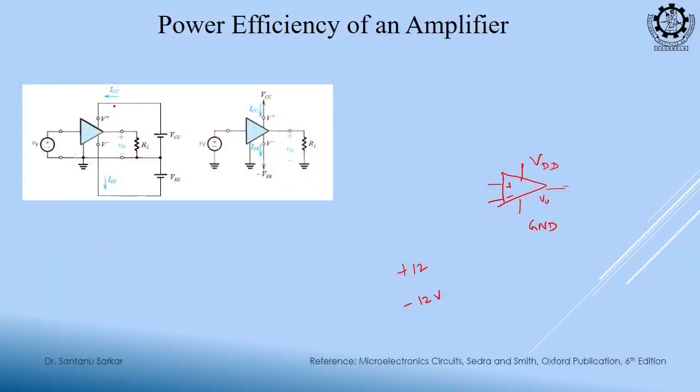Clear? So, if I have a dual supply, both of these will carry some current, right? To make this amplifier operational, some internal current should obviously flow, right? You know, biasing, DC biasing, and some DC current will flow.